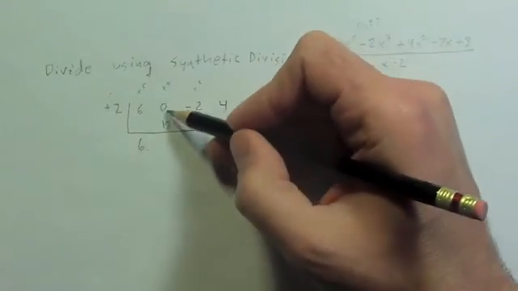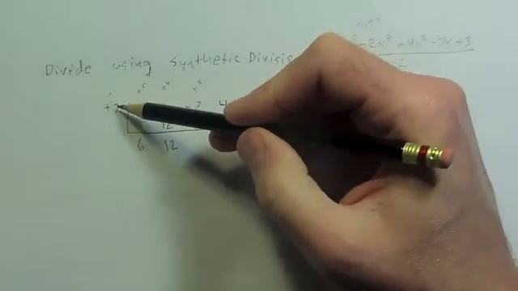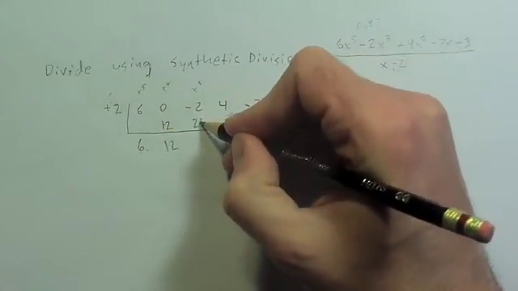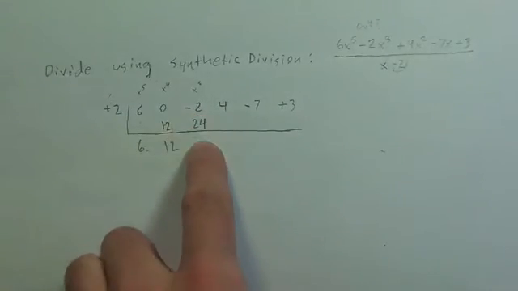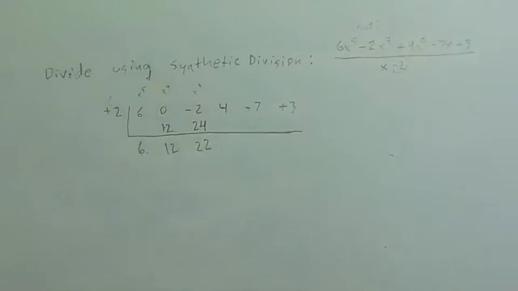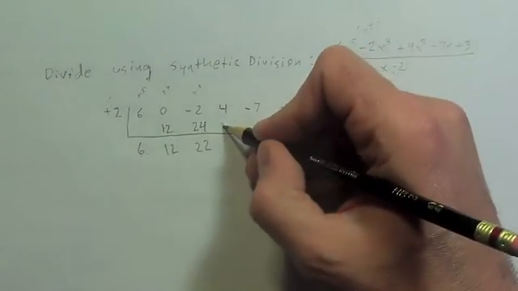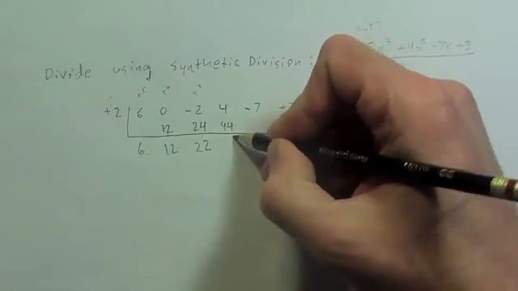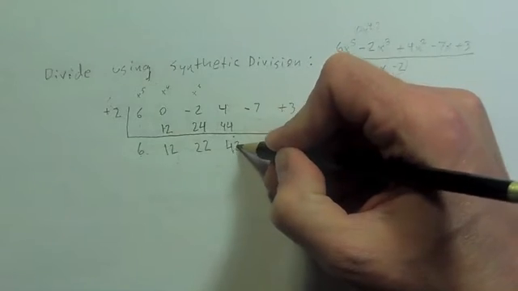So I'll get the 12. And then now I multiply that by 2. So 2 times 12 will be 24. And now I'm going to add these together. So the -2 plus the 24 will give me 22. All right, and now we're starting to get into kind of larger numbers here. 2 times the 22 will give me 44, and adding those together, 4 plus 44 is going to be 48.